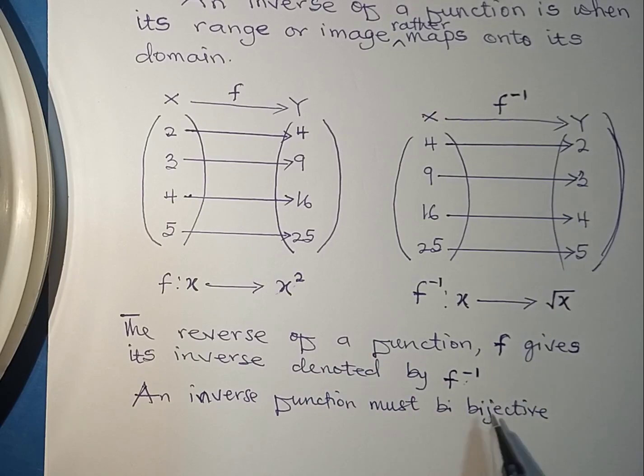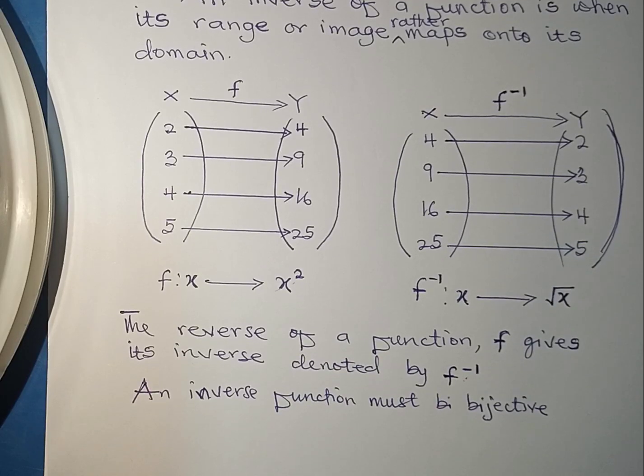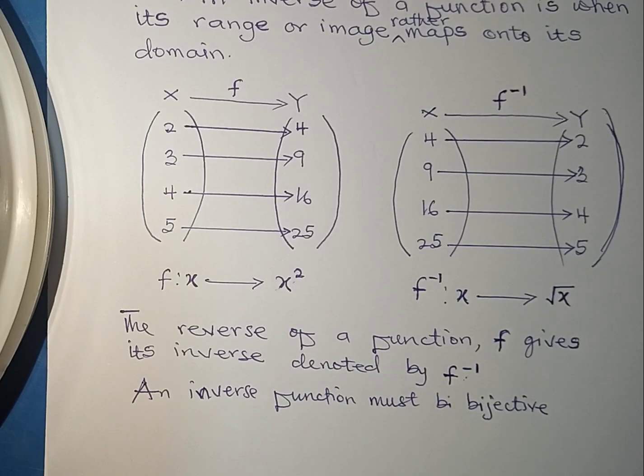Yes, so for a function to have its inverse, it means that the function should be bijective. And when we say bijective, what do we mean by that? When we say a function is bijective, it means that the function should be both injective and surjective.